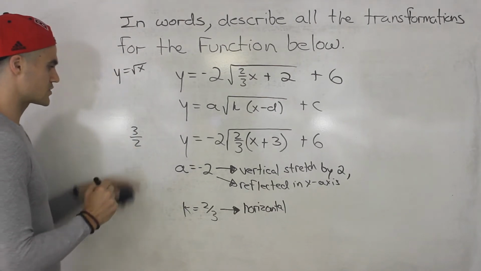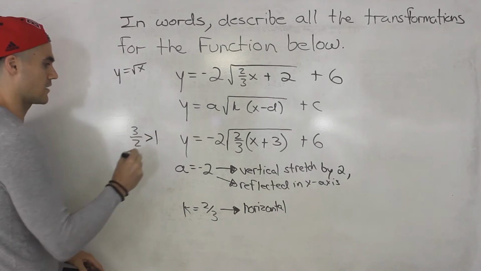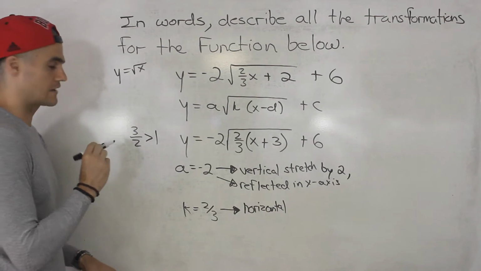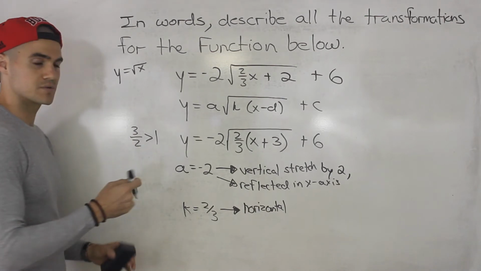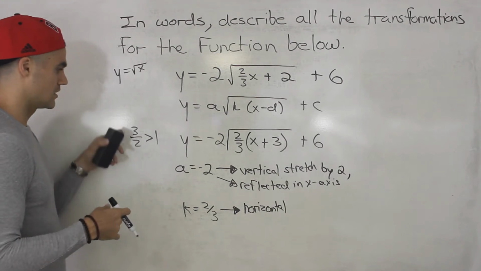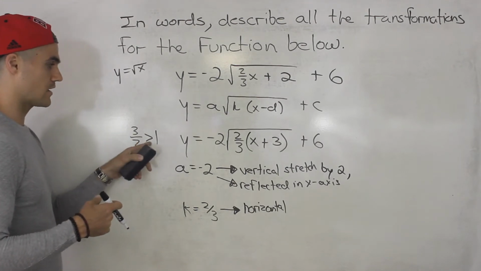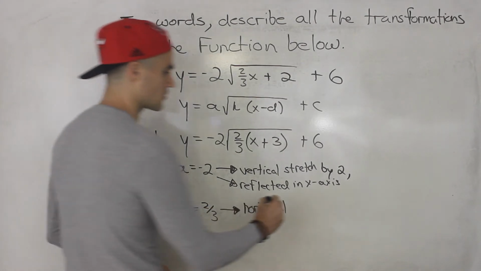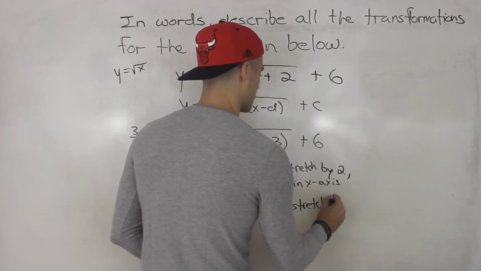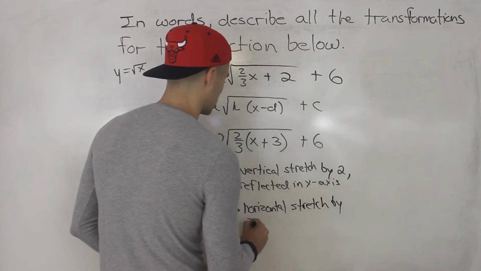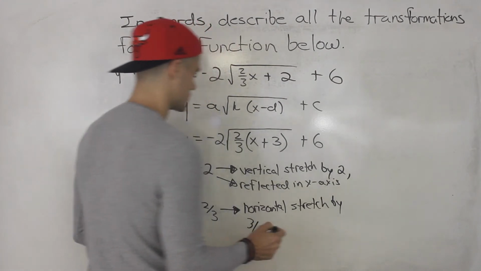And notice that 3 over 2 is greater than 1. 3 over 2 is 1.5. So usually when we're dealing with a fraction, it's less than 1, so we would say a horizontal compression. But because 3 over 2 is greater than 1, we say it's a horizontal stretch by a factor of 3 over 2.